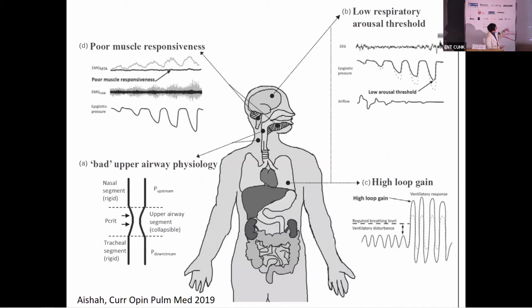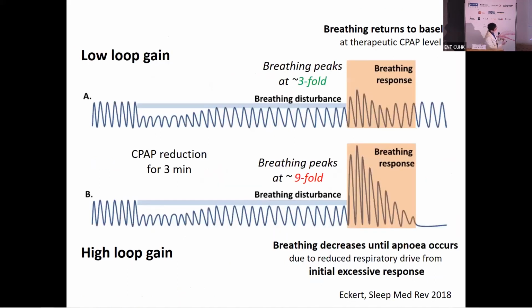So finally, I want to talk about the high loop gain. So what is a high loop gain? In a research setting, if a patient has good airflow during therapeutic CPAP, if we drop the CPAP for a few minutes, in a normal person with low loop gain, the breathing may peak at about threefold after you restore the CPAP and then return to baseline.